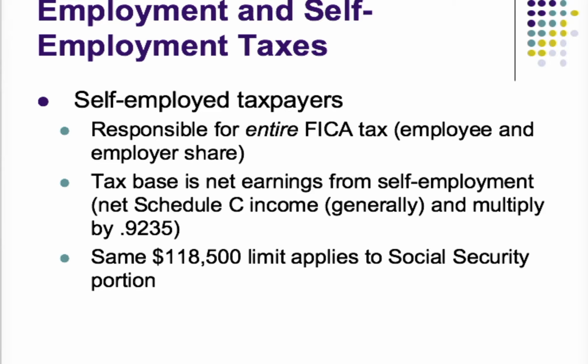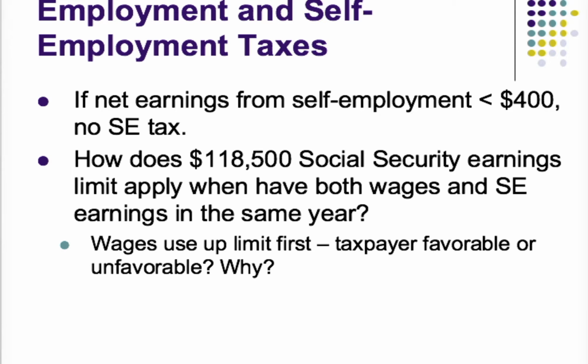I guess I should have just waited for that slide to talk about that, but just remember that as a self-employed taxpayer, you could be responsible for the entire FICA tax.